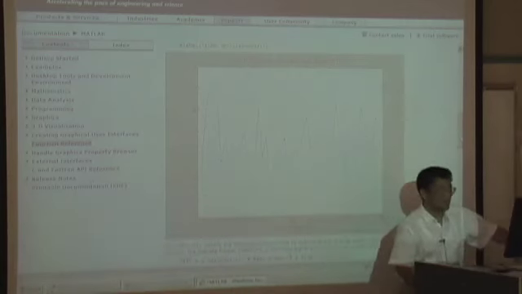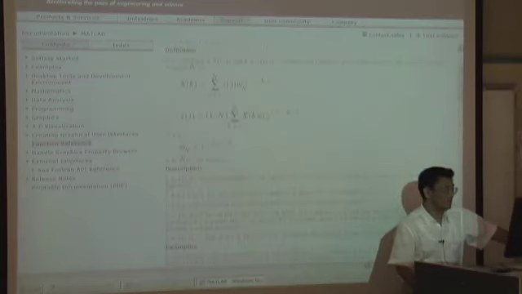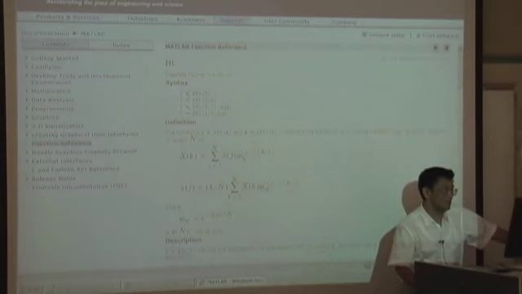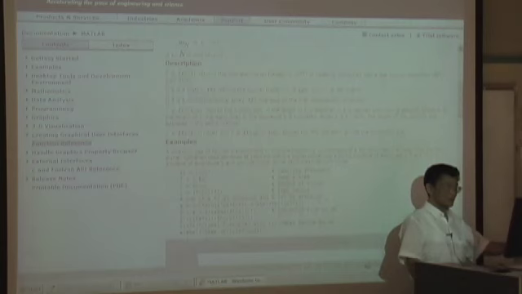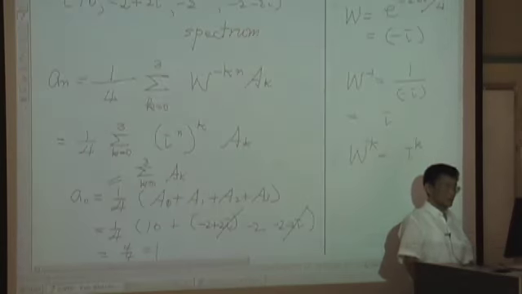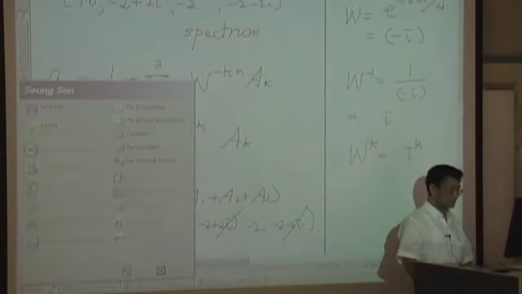So in MATLAB, we use this kind of command. So FFT can be done, and then inverse can be done. So I will use this kind of command to do the calculation.